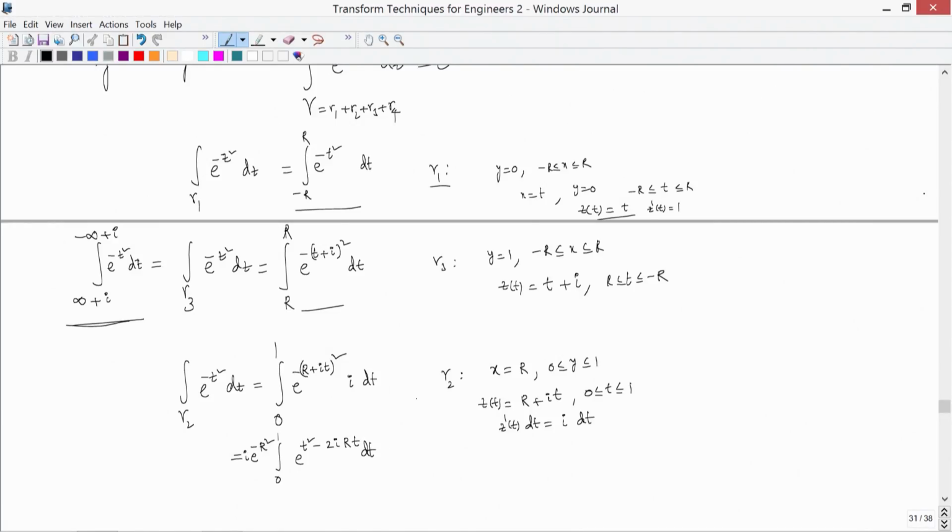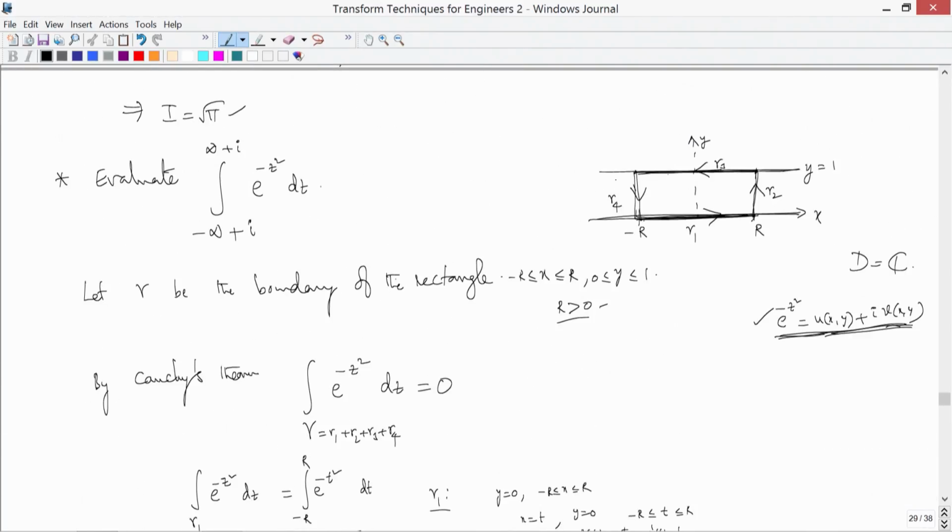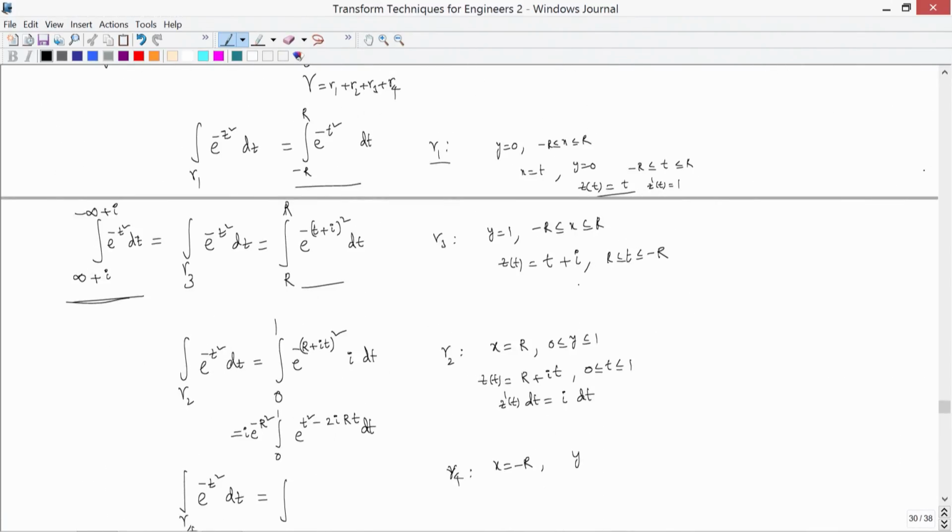So, this is your integral over gamma 2. And similarly, you can get gamma 4, e power minus z square dz. So, again if you look at gamma 4, x is now minus r, y is coming from the opposite direction, so it should be running from 1 to 0.